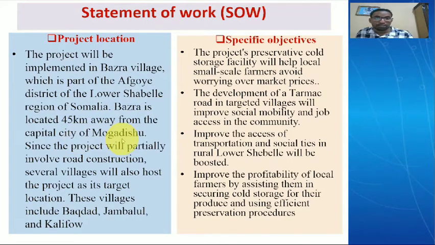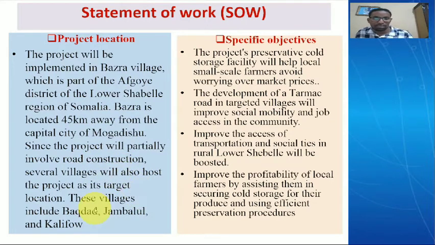Afgoy and Basra are 15 kilometers apart, and Mogadishu, the capital city of Somalia, and Basra village are 45 kilometers apart.